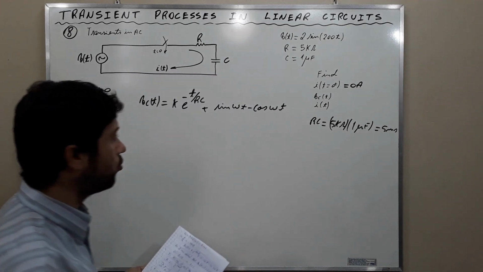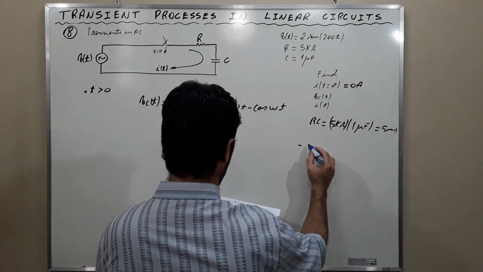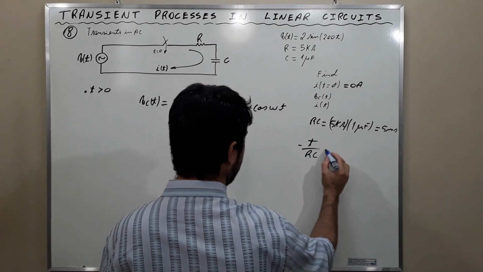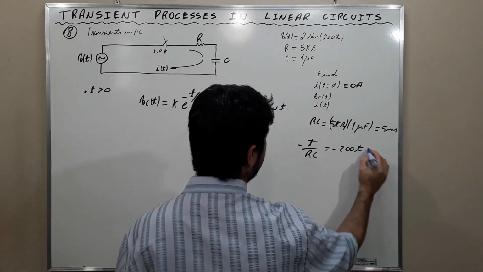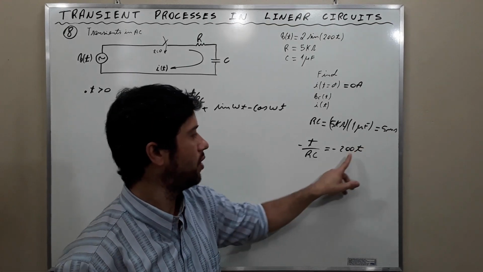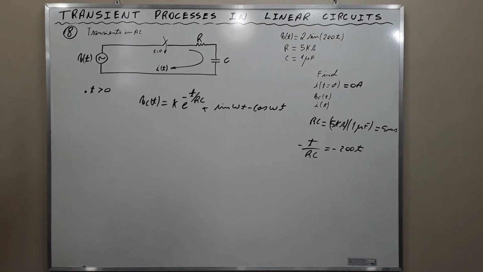Oh, and let's work on this here. T over RC will be equal to negative 200t, okay? Because the inverse of this is this. Alright. But we still have to find the k.